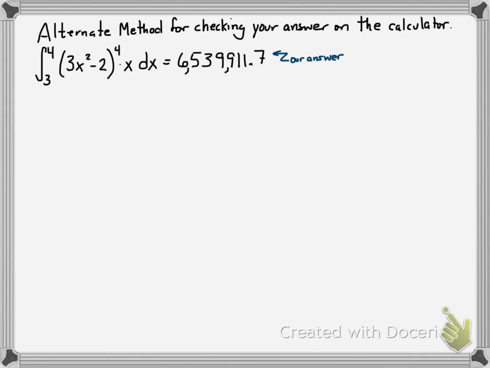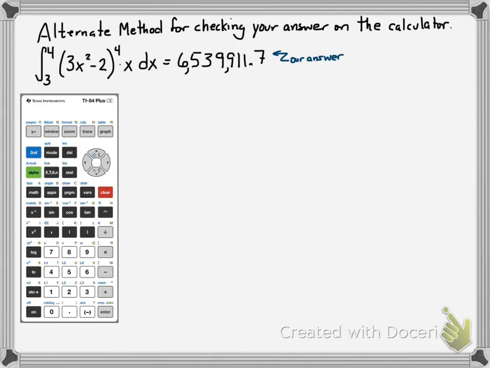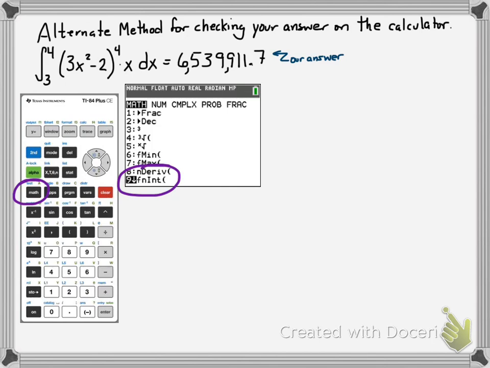All right, so the next part is that if you want to check it on your graphing calculator without actually graphing the function, here's another alternative. On your graphing calculator, look for the Math button, on the left-hand side. When you hit the Math button, you'll see a menu show up, and number 9 on that is fnint. That's fn for function, int for integration.